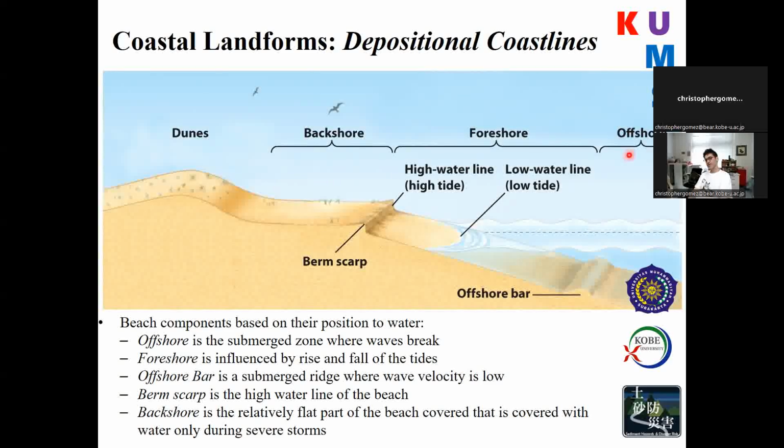And then towards the sea, we have what we call the offshore area. And at the start of the offshore area, we can sometimes also find an offshore bar.